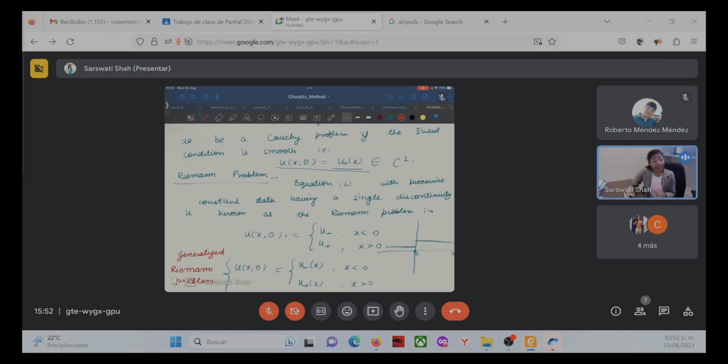Because it has a discontinuity at a single point, but the initial data is not constant before that discontinuity and after that discontinuity. However, for the Riemann problem, it was constant: it has a discontinuity at a single point, but before that it was constant and after that it is constant. Is it clear to everyone?